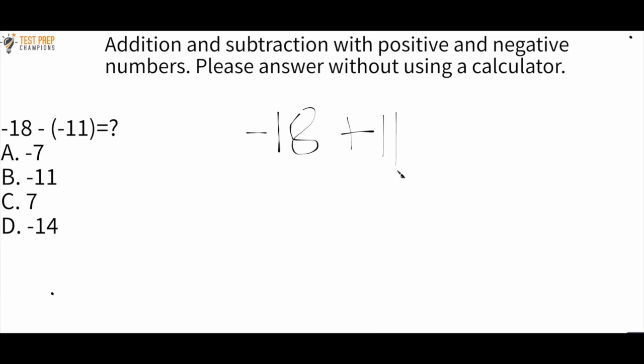And if you think about it, you can visualize that the stick figure person would start at negative 18 on the number line, and we know that plus means to go to the right. So the person would start at negative 18 and go to the right 11 spaces. Okay, so however you want to think about this, the answer here is A, negative 7. So the answer to negative 18 minus negative 11 is A.